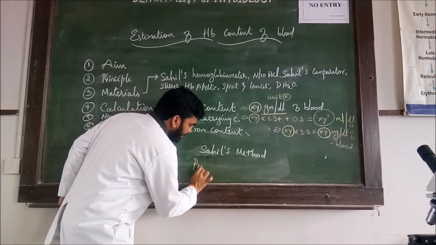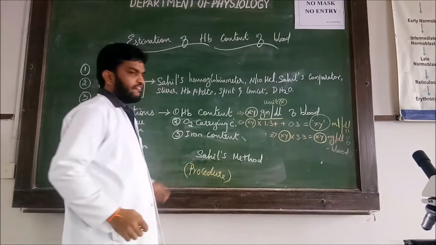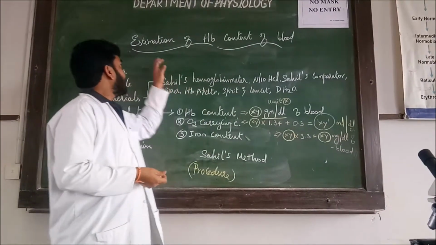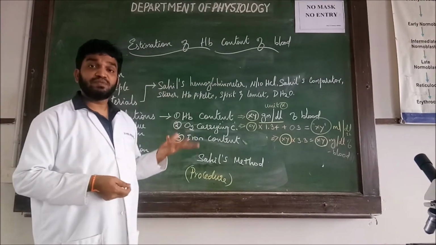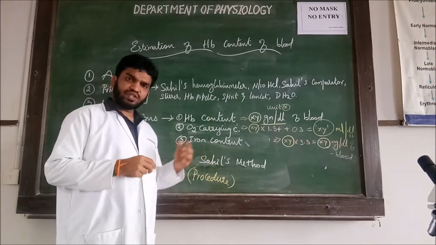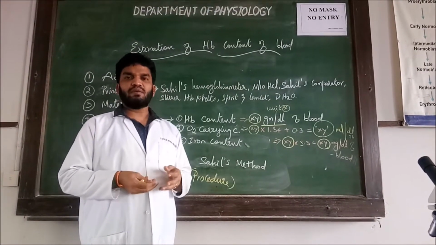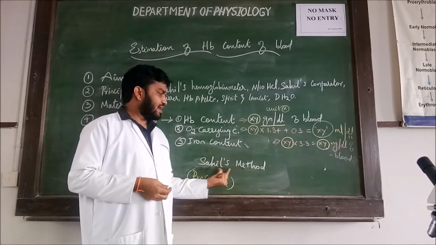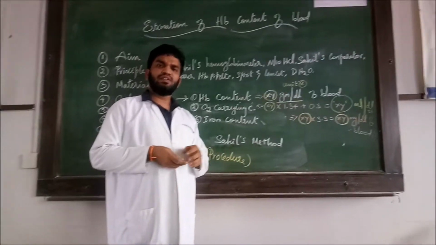Now the procedure. Before we start, which method are we using for estimation of hemoglobin content? There are many methods, but in most laboratories, for first MBBS students or any other paramedical course, they use Sahli's method. Is it a direct or indirect method?